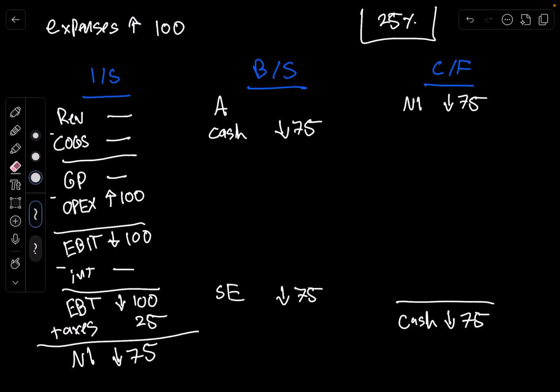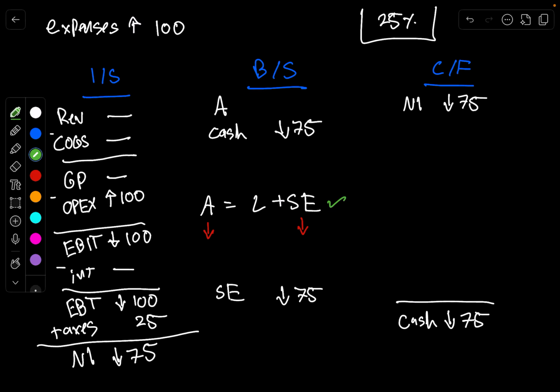And let's check our golden rule here. Assets equals liabilities plus shareholders' equity. Well, if assets are down and shareholders' equity is down, this balances, right? This checks off. So that works perfectly. That means we walked through this example correctly.